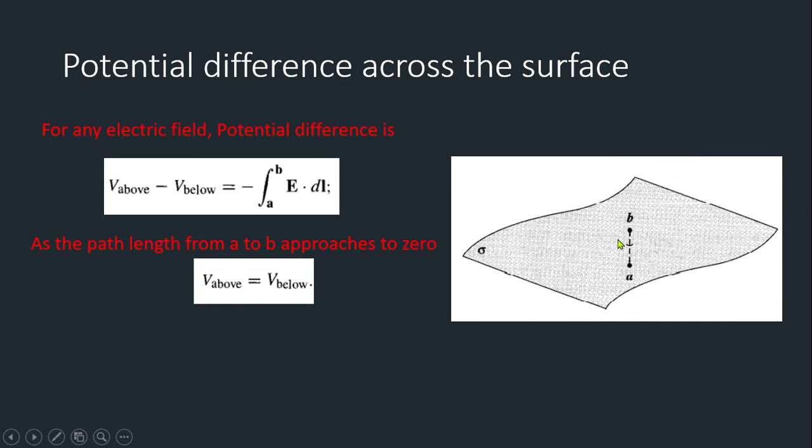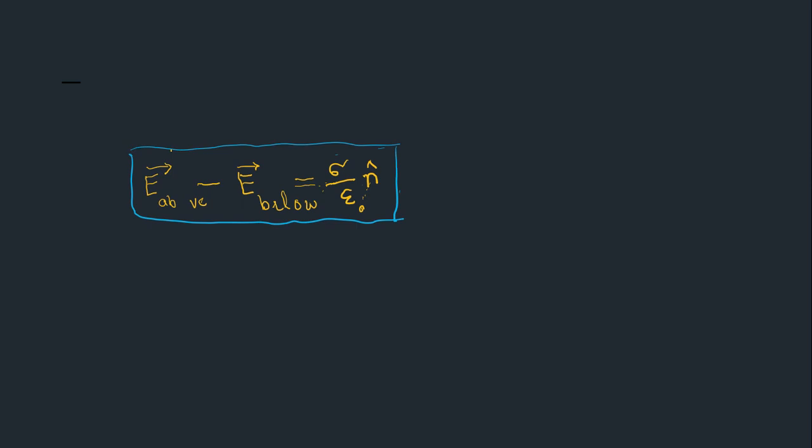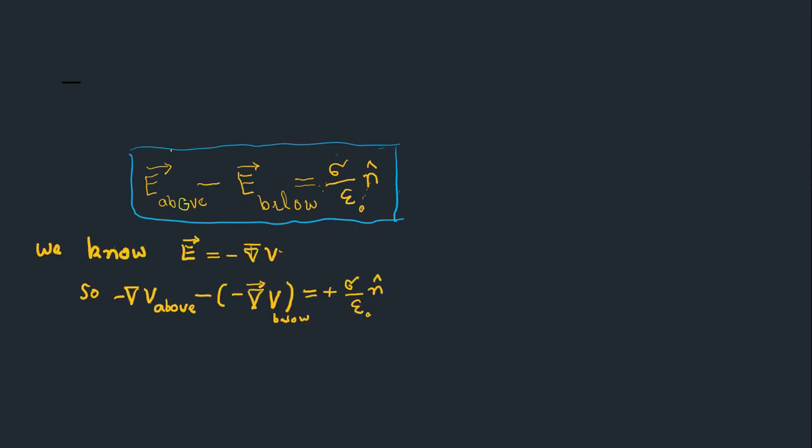It means that the potential above the surface is equal to the potential below the surface, but the gradients of the potentials are not continuous, and we write here E is equal to minus del V. For E above, we write here minus gradient of V above, and for E below, we write here minus gradient of V below, is equal to sigma over epsilon naught n cap.